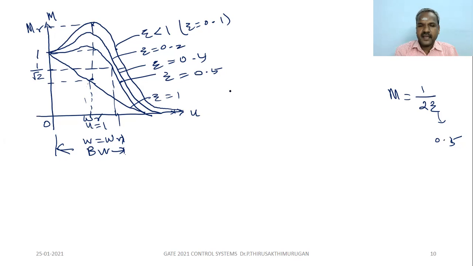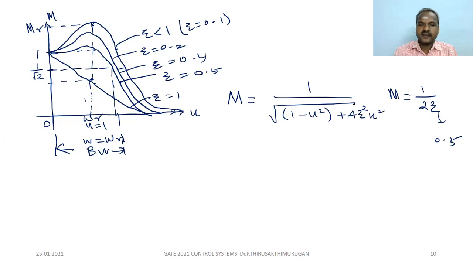So the magnitude expression for the second order system is 1 by square root of (1 minus u square) whole square plus 4 zeta square u square. This is the magnitude expression.